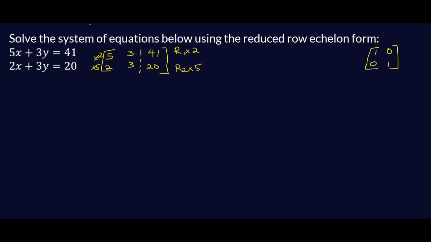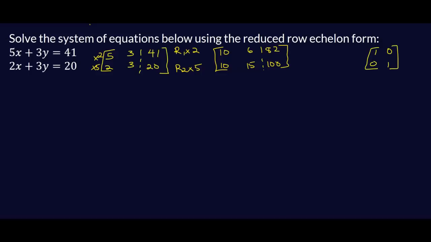So let's go ahead and get that going. We have 10, 6, and then we have 82. And then here we have 10, we have 15, and then we have 100. So this is what our matrix is going to look like.